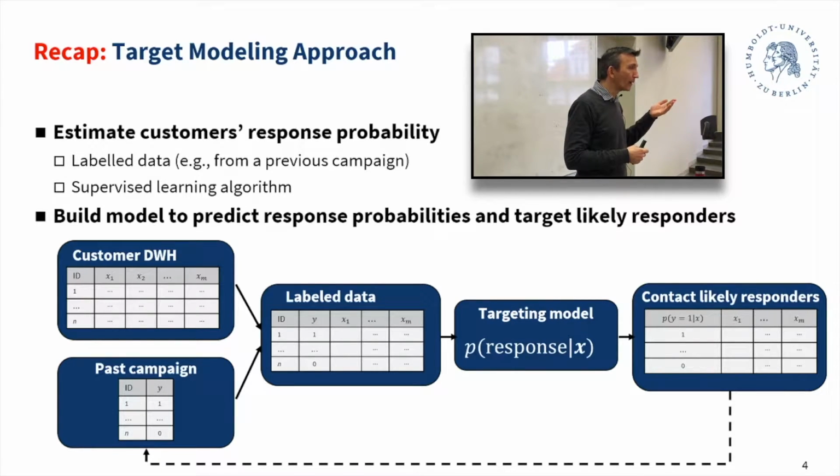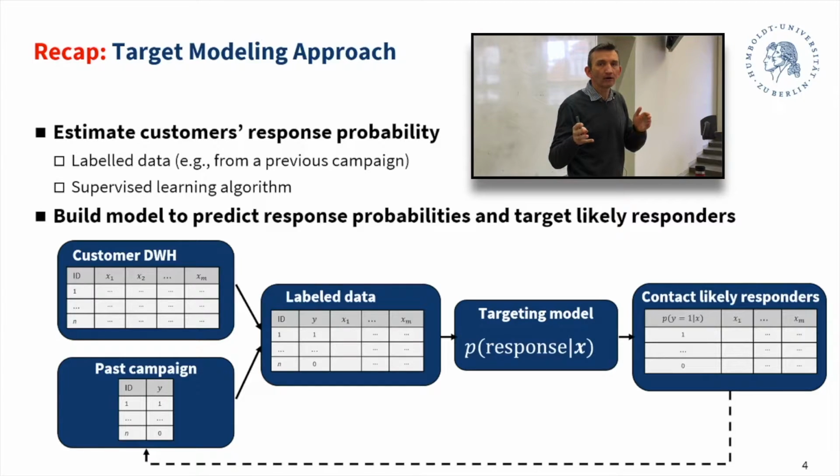For example, whether they have made a purchase in response to some past marketing action that we ran, some marketing initiative, some campaign, maybe an email campaign, where we then know whether customers opened our newsletters, our emails, and whether they clicked a link in these emails, and whether then they made a purchase after having clicked the link in our email.